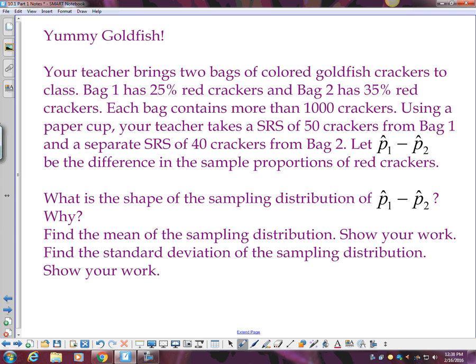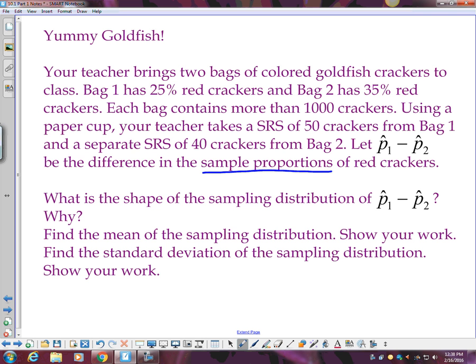Each bag contains more than 1,000 crackers. Using a paper cup, your teacher takes a simple random sample of 50 crackers from bag 1 and a separate sample of 40 crackers from bag 2. Let P hat sub 1 minus P hat sub 2 be the difference in the sample proportions, because I now have a cup of 50 and 40 crackers from each bag.